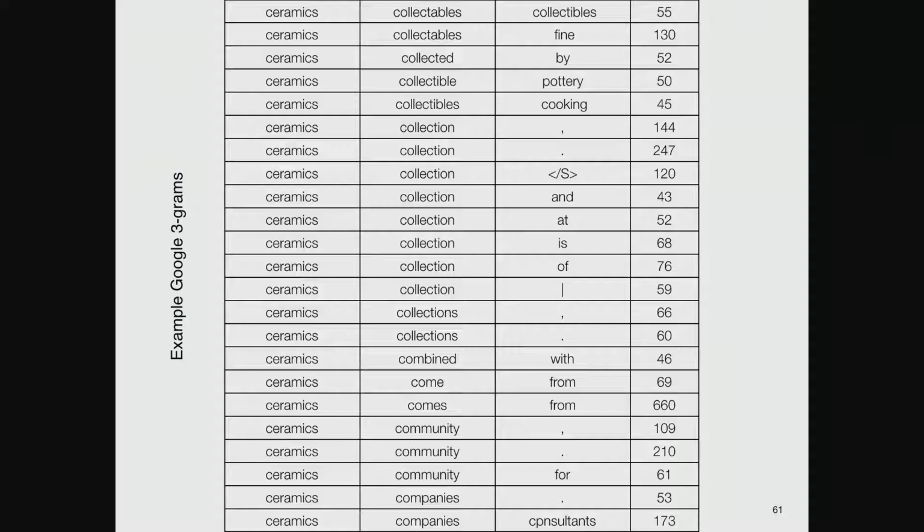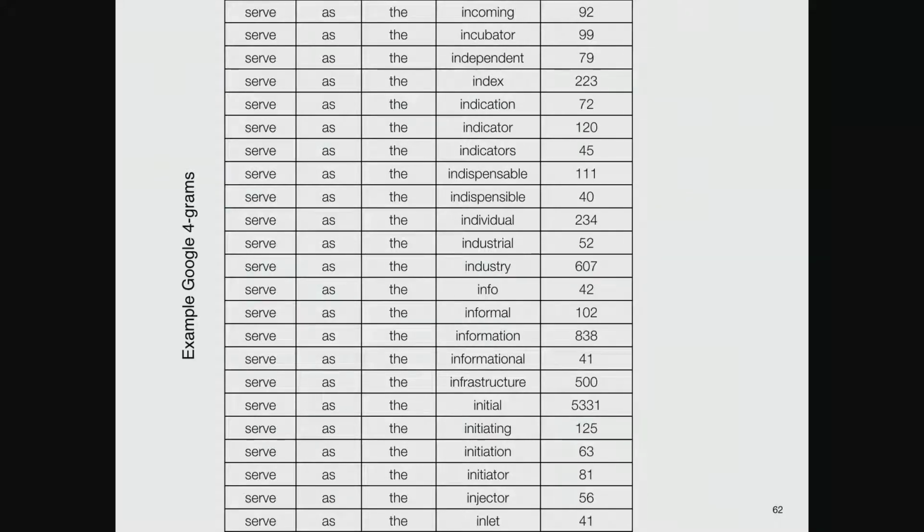Ceramics comes from occurred 660 times, which is a reasonably large number compared to some of its competitors here. If you look at 4-grams, you see things like serve as the incoming, blah, blah, blah, 92 times, serve as the index 223 times, serve as the initial 5,300 times. Okay, so you've got all these statistics.